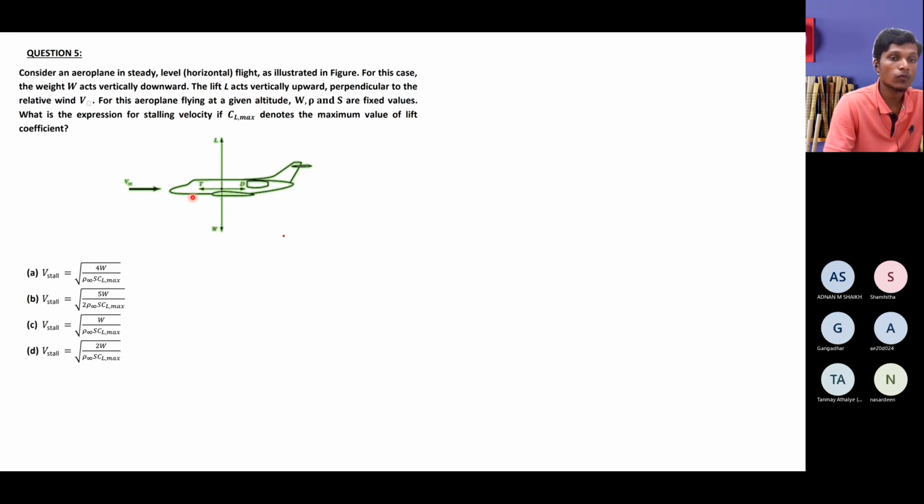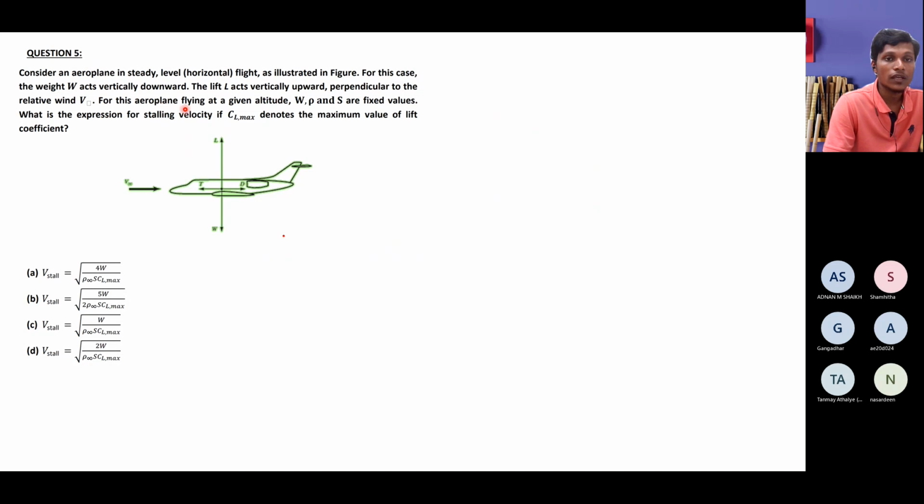In steady level flight, we should balance the forces: thrust with the drag, and the lift with the weight. The weight W acts vertically downwards. The lift L acts vertically upwards, perpendicular to the relative wind V infinity.